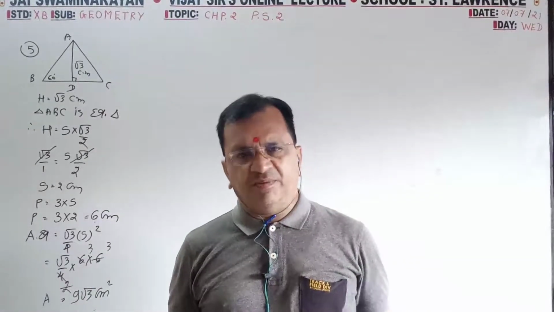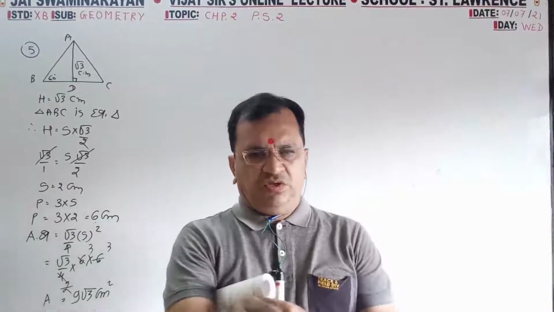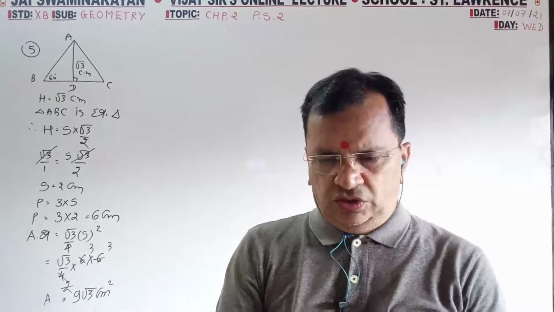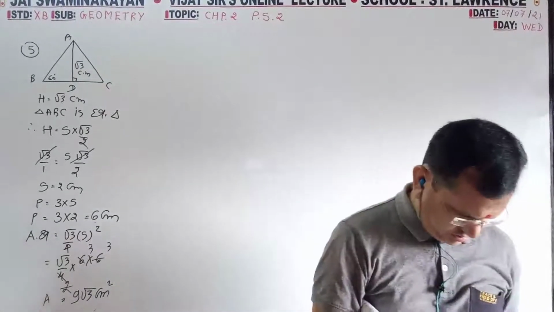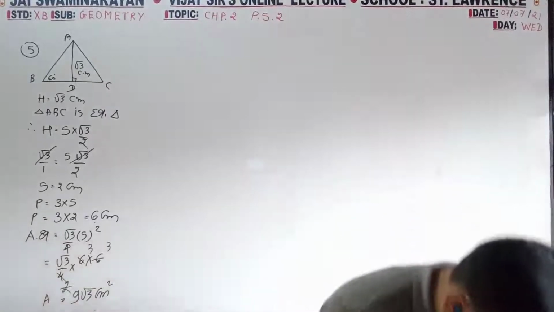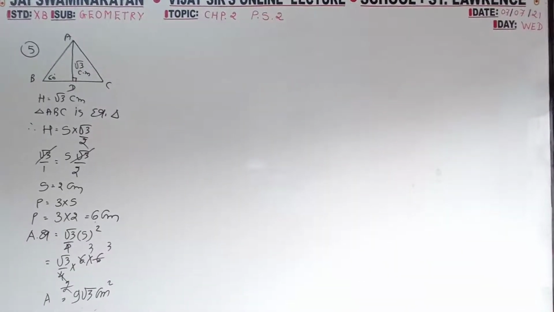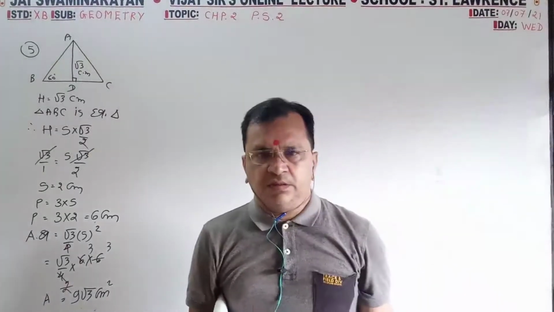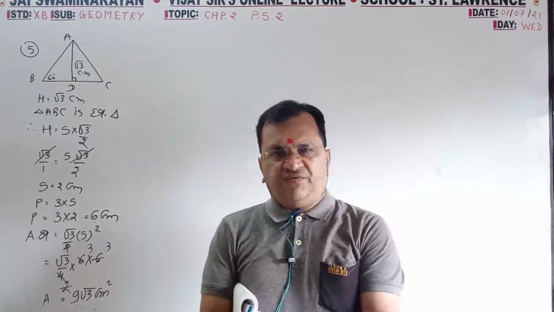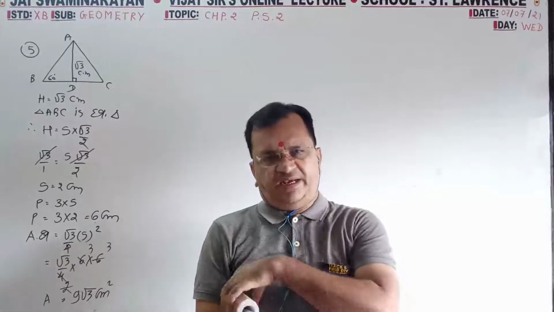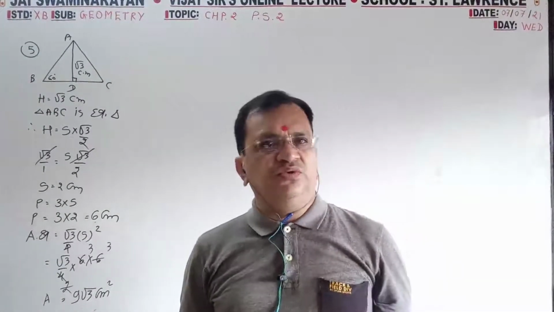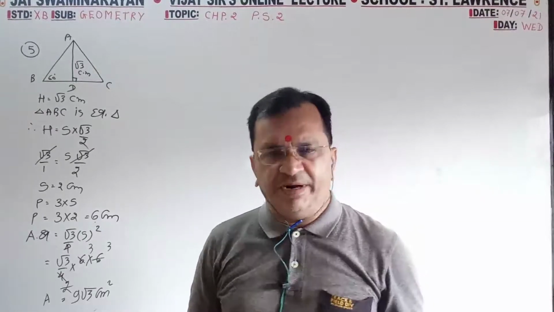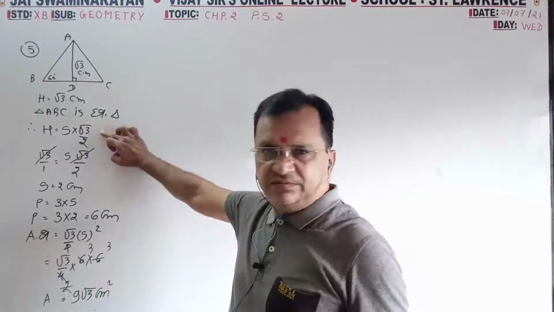There is a formula. Three formulas are there for an equilateral triangle. Height is equal to side into root 3 by 2 because it is opposite of 60.